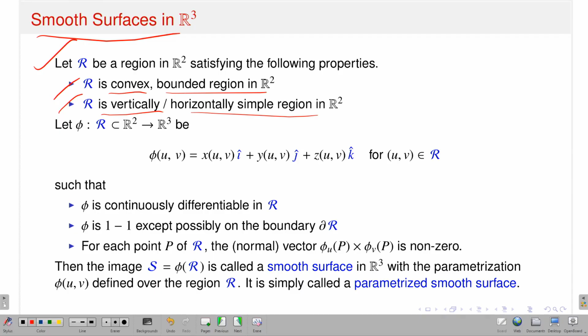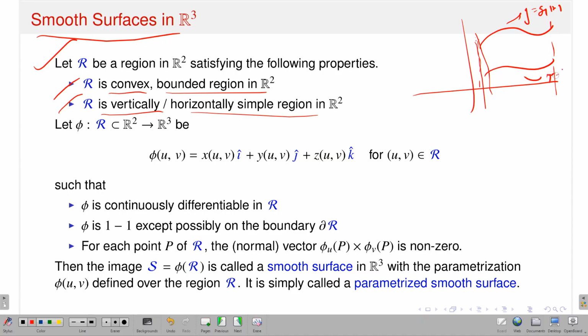Now what is a vertically and horizontally simple region? When I talked about double integrals, I discussed those kinds of simple regions. If you remember, what is the vertical region? It is some curve, say g1(x), and this is g2(x).